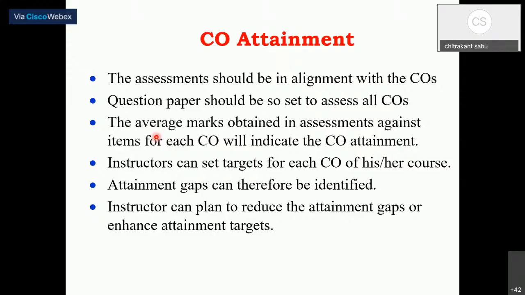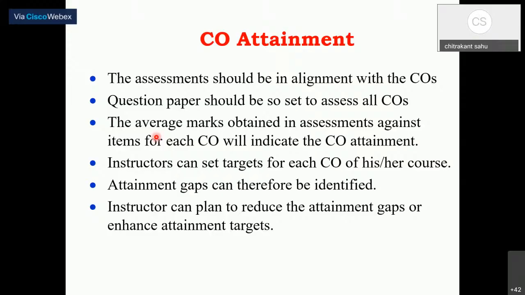Next, the instructor can set a target for each CO of his or her course. If I am an instructor and I have 6 course outcomes after teaching the subject digital electronics, then I will set the target for each of the 6 course outcomes and try to find out what the attainment levels are.